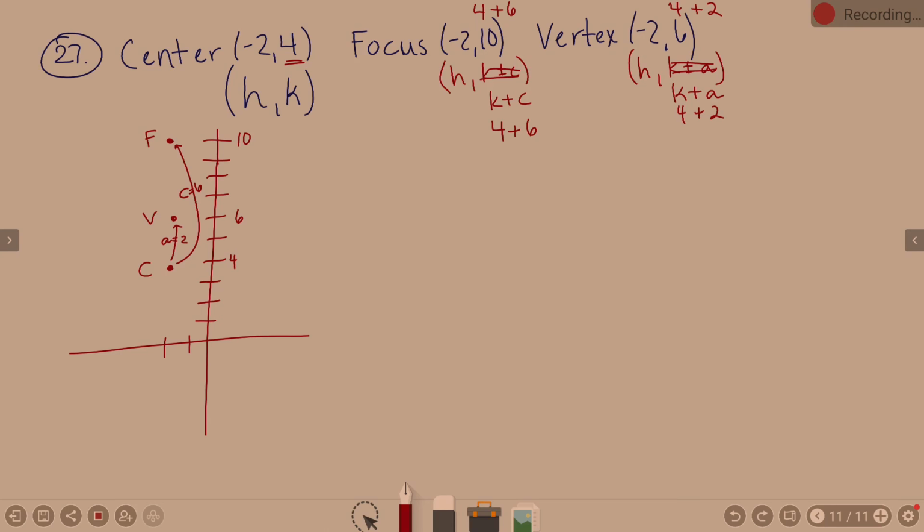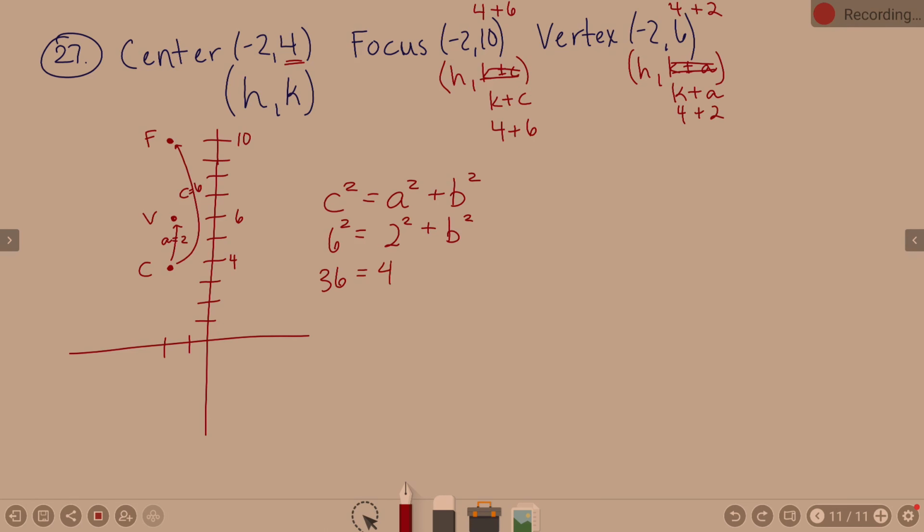You guys know where to go from here, right? A and C, so we're going to use our Pythagorean relationship. Are we in hyperbolas? Yes, we're in hyperbolas. So C squared equals A squared plus B squared. I said C is 6, A is 2, and B is what I don't know.